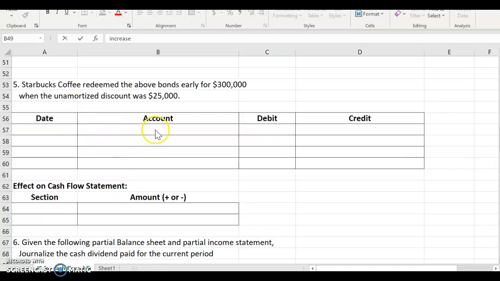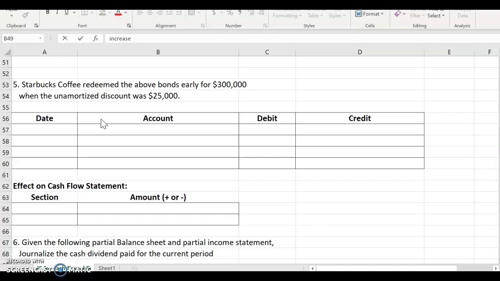Starbucks Coffee redeemed the above bonds early for $300,000 when the unamortized discount was $25,000. So we redeem bonds. That means we paid them off early, and the unamortized discount at that point was $25,000.